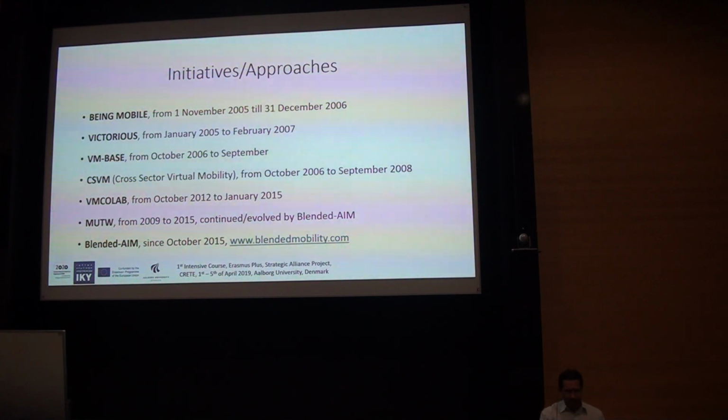VM Collab aims to help students face challenges in the international market and the industry and improve the collaboration of higher institutions among countries in Europe. And then we have MUTW and Blended M, which we are not going to present here because Professor Escudeiro is going to talk about them later.